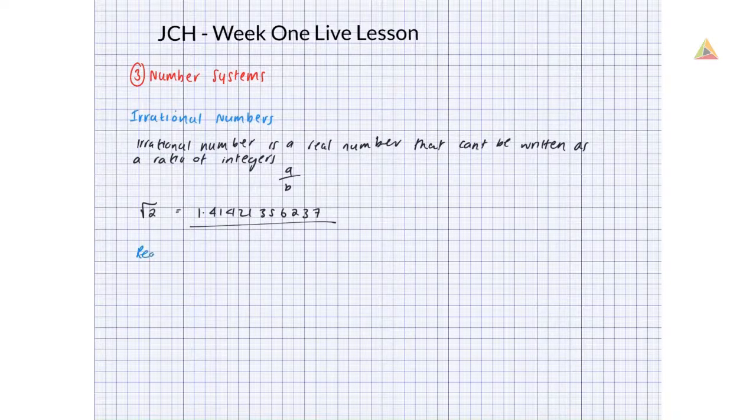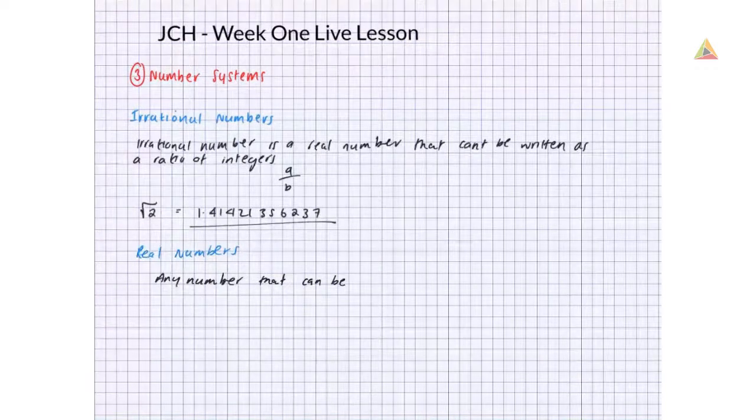So real numbers, and this is the last one. A real number is easy to remember. It's a number, any number that can be represented on a number line. Okay, so a real number is any number that can be represented on a number line.